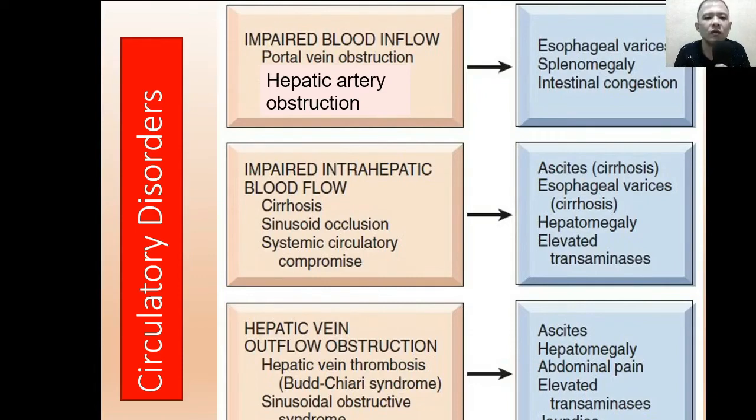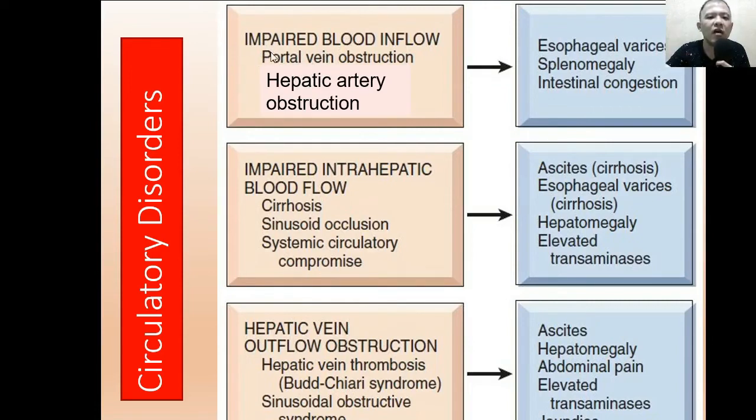Now we're going to circulatory disorders. This pertains to obstruction in the blood flow in the liver. So, impaired inflow. What are the blood vessels affected?